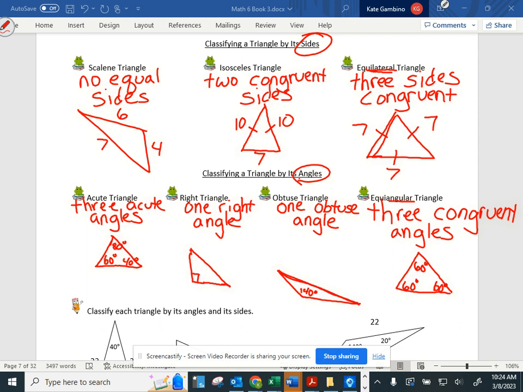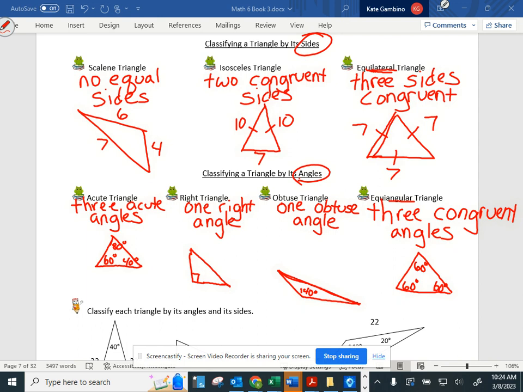So key things to remember. How many degrees does a triangle always equal? Everybody. 180 degrees. Lateral means what? Lateral means, just give me the one word.